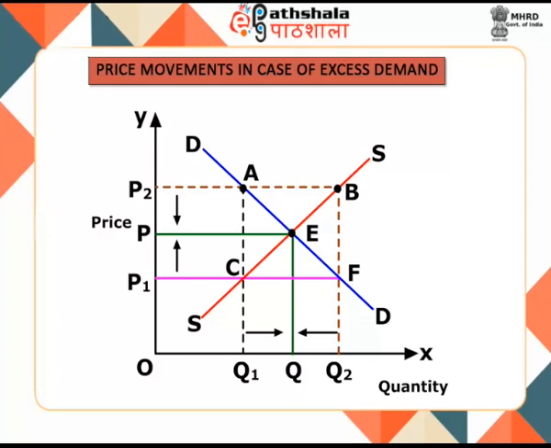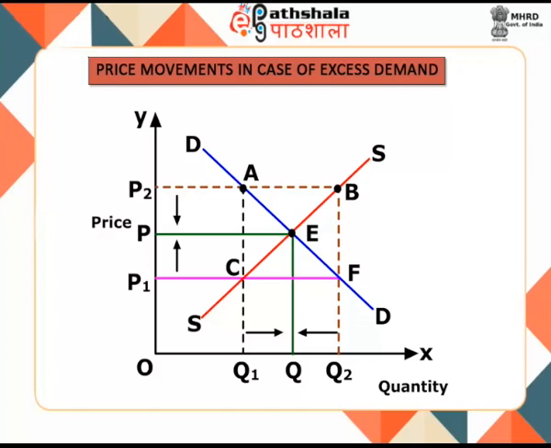When excess demand is positive, that is, P1F is greater than P1C, the quantity demanded is greater than the quantity supplied. The buyers will bid the price upward, and when the price rises, demand falls and supply increases, and the initial equilibrium position is reached at E. If the excess demand is negative, that is, P1F is less than P1C, the quantity supplied is greater than the quantity demanded, and the sellers will lower the price from OP2 to OP.